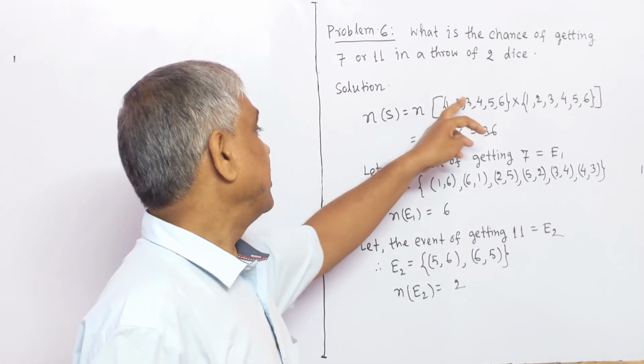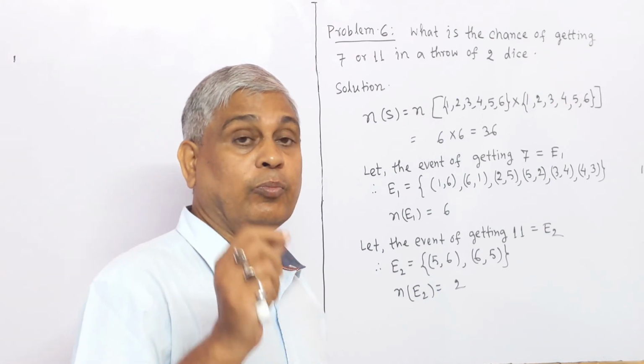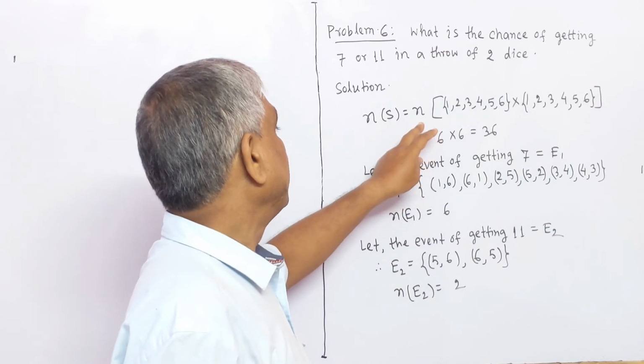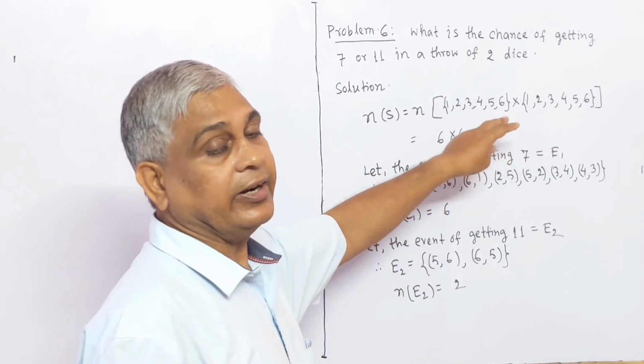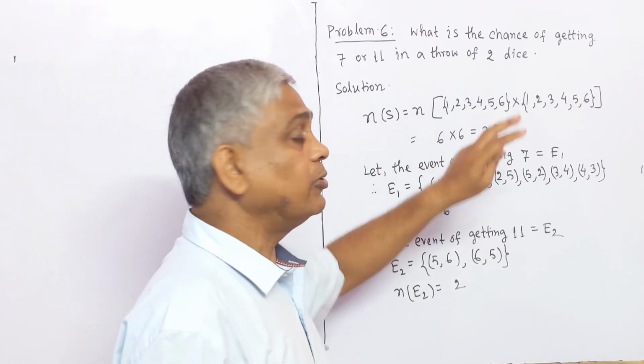The number of elements in this Cartesian product is 6 multiplied by 6, equal to 36.